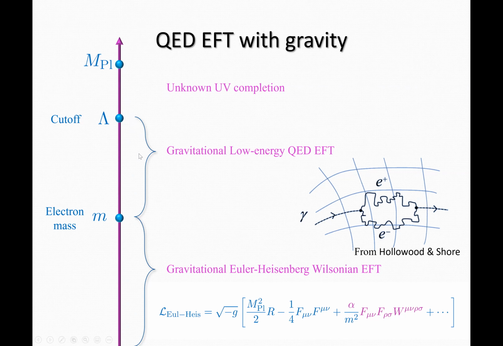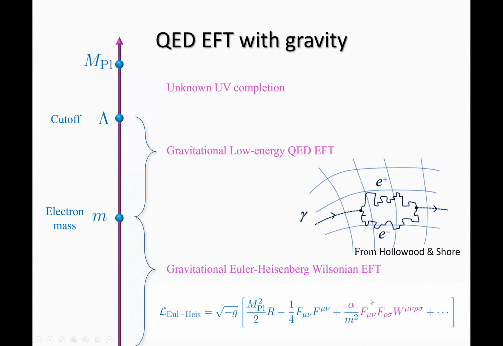I'm going to call lambda the cutoff of that EFT. It could be as high as M-Planck, but I'm going to let myself believe that it could in principle be smaller than the Planck scale. And then what we all do in our low energy world is, if you're really thinking of things at very low energy, if you integrate out the electron, you have a low energy effective field theory below the electron mass, which is the gravitational Euler-Heisenberg effective field theory.